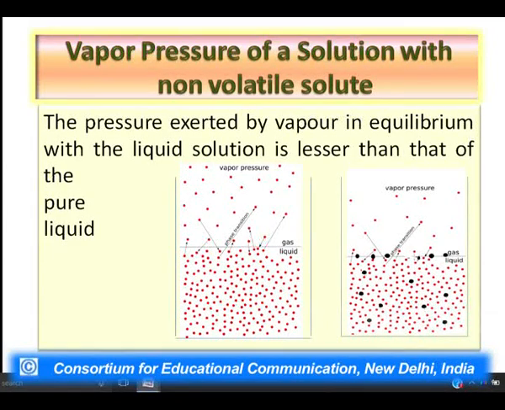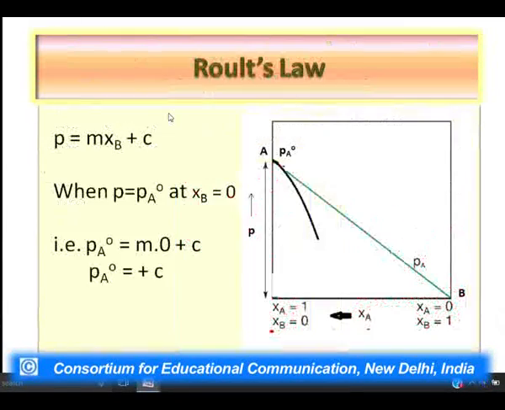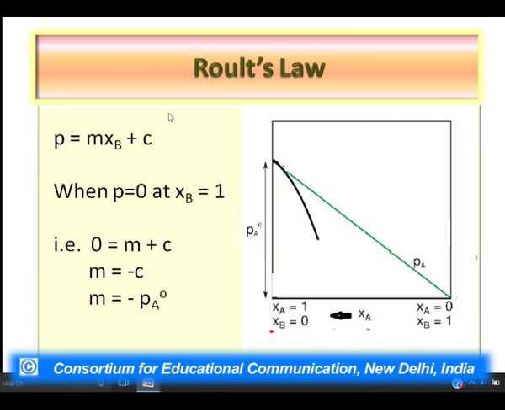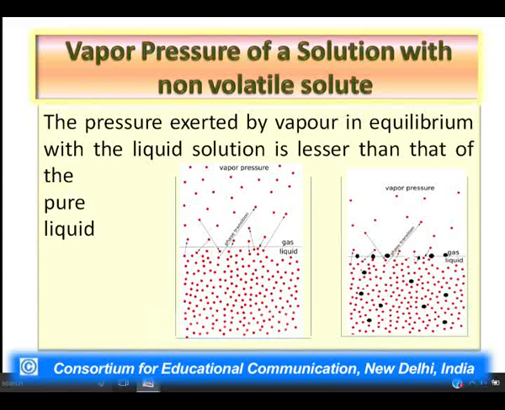We have had the definition of a volatile substance earlier in our previous lecture in the solution chapter, and we know that it is a substance which is capable of undergoing evaporation and leading to the formation of vapors which may exert pressure.